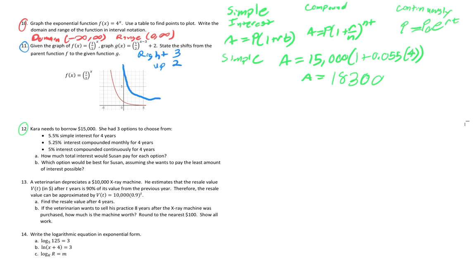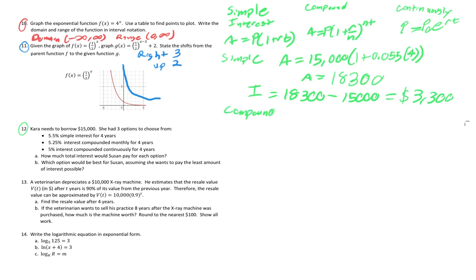So to find out how much interest we paid, we need to subtract our 15,000. So our I for interest is going to be 18,300 minus 15,000, and that's going to give us 3,300, right?